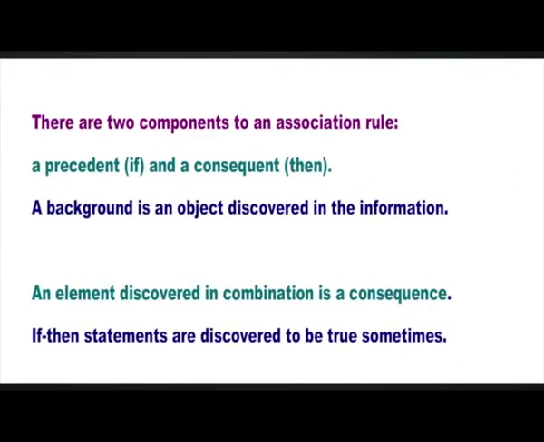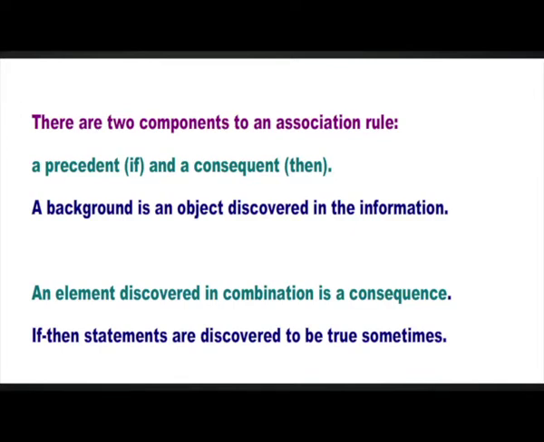There are two components to an association rule, an antecedent which is represented by if and a consequent which is represented by then. An antecedent is an item discovered in the data. An item discovered in combination with it is a consequent.